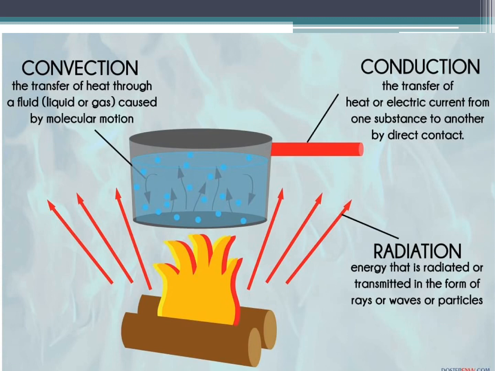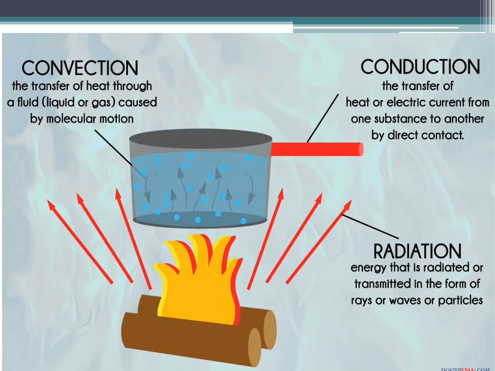At the top of the pot, the water particles move closer together, and the cold water is denser, so it sinks back to the bottom, and the cycle begins once again.